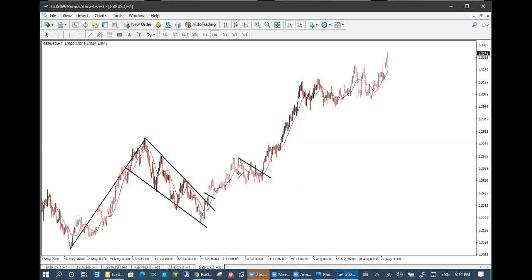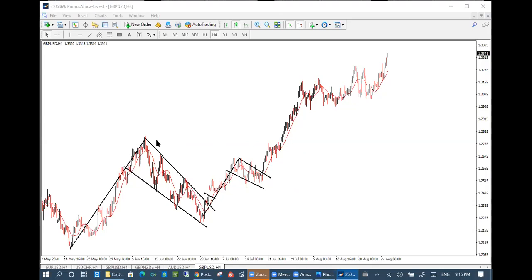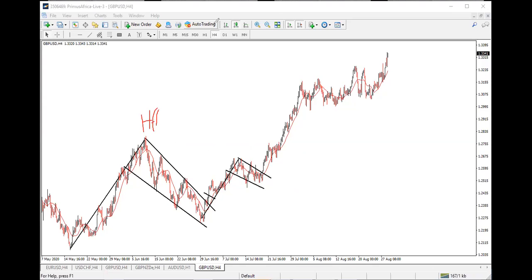This is another sample of a falling wedge again. You see, it keeps giving us these patterns. You see, higher high. This is a higher high. This is a higher low. This is a higher high.